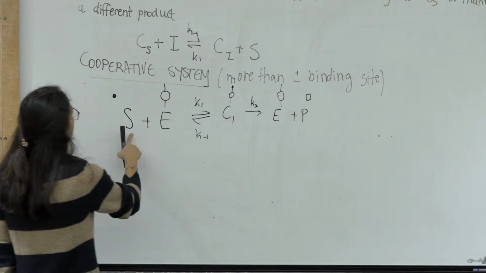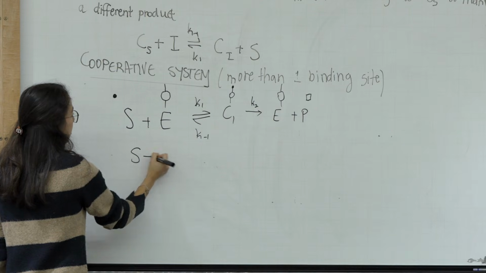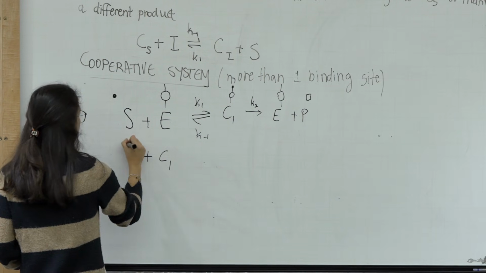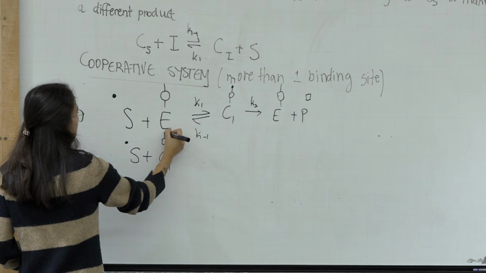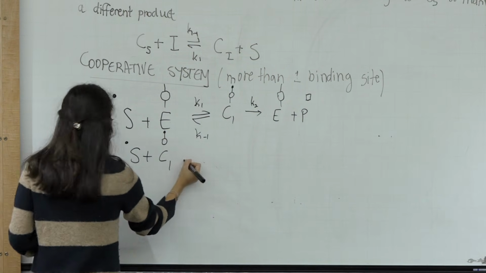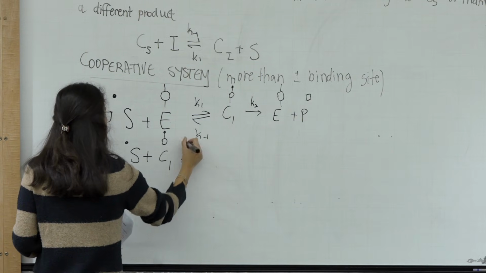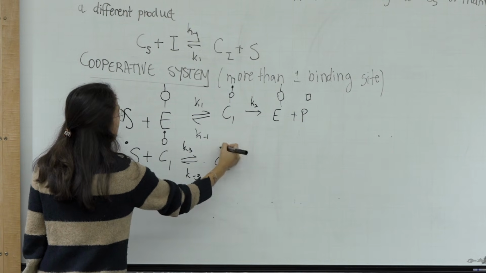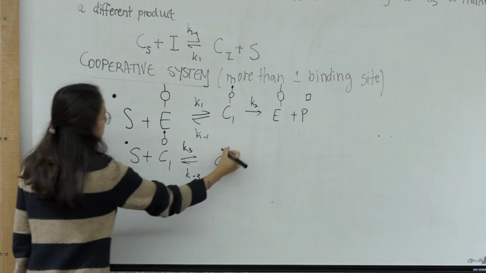Then, as we said, the S can also act on the complex C1. So again, I have this thing. This now is the enzyme, but with the original substrate bound on it. They react under some rates. They give us C2. Now, C2 is the enzyme.